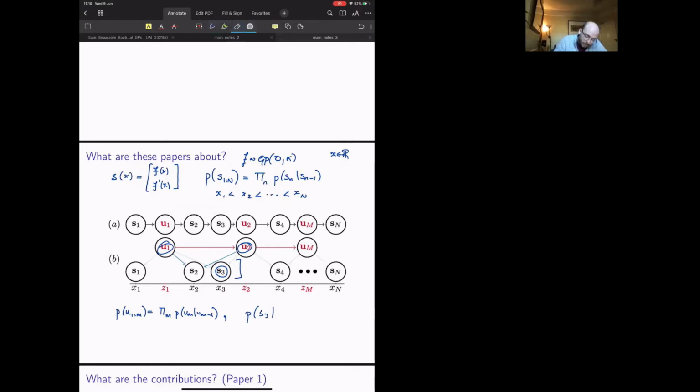Sorry, given all of the M's, all of the U's, is really just this. So that's really all of the structure that these papers are exploiting. And this is the basic setup. If you get this, then everything else is just figuring out how to exploit this structure, how to work with it efficiently, that kind of stuff.